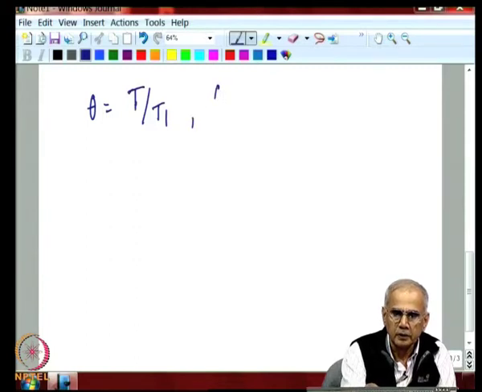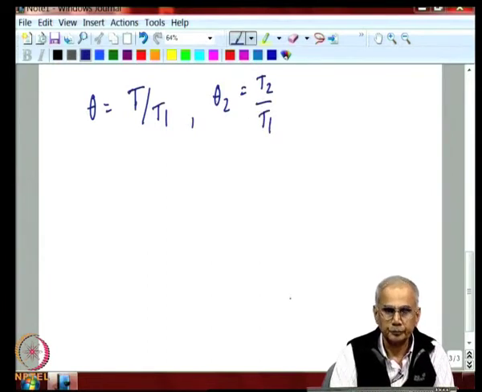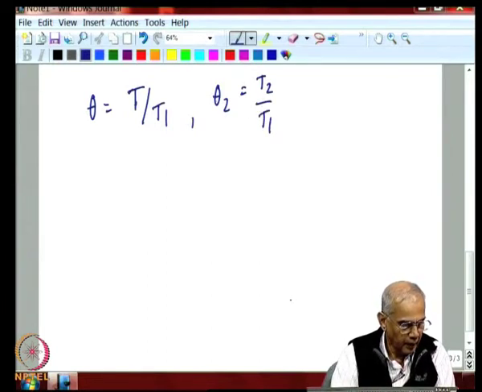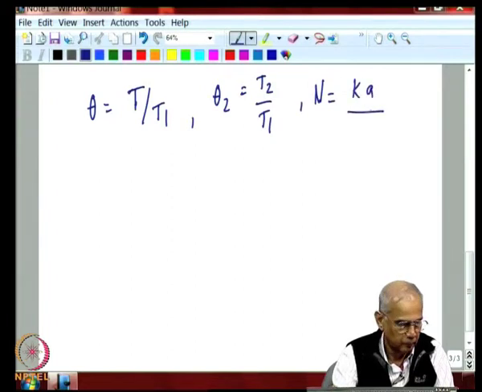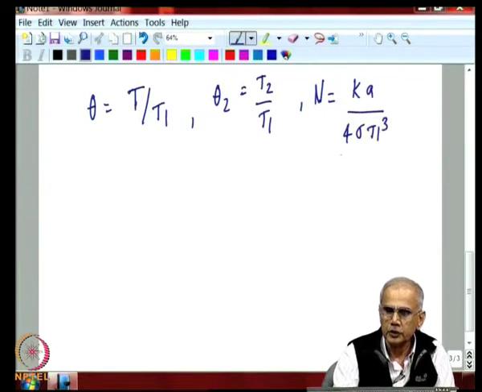One is the ratio of T2 to T1, let us call it theta 2, and the other is the conduction radiation parameter n. This is a matter of convenience, it is not really needed, but you can use it.